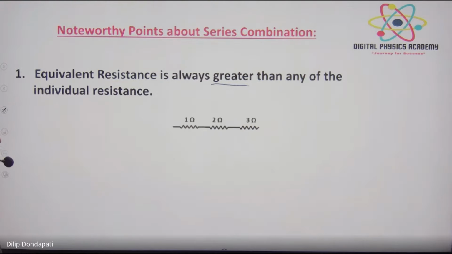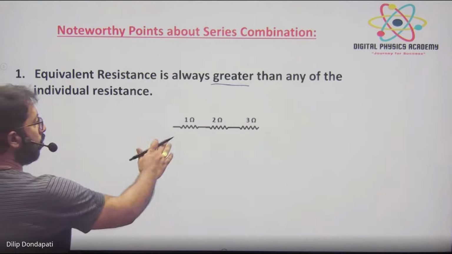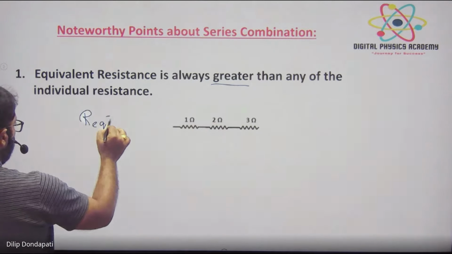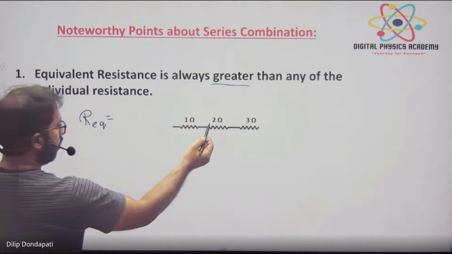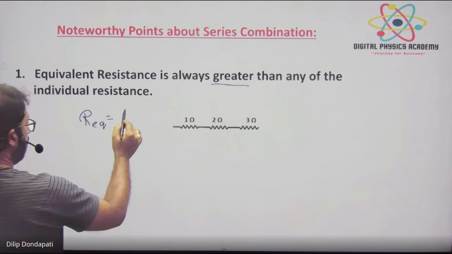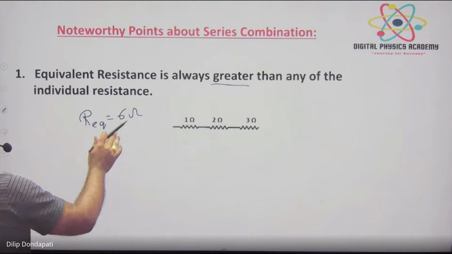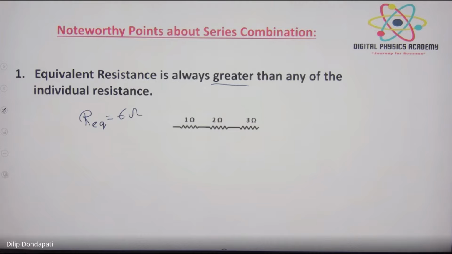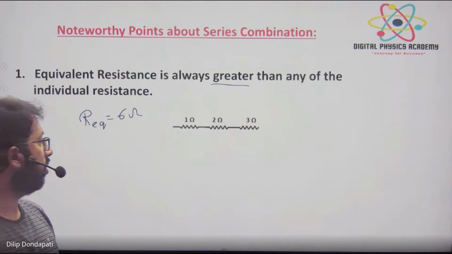So if I try to find R equivalent of 1 ohm, 2 ohm, 3 ohm, R equivalent is how much? 1 plus 2 plus 3, 6 ohms. Now equivalent resistance is greater than individual resistance in series always. So 6 ohms is greater than 1, 2, 3.